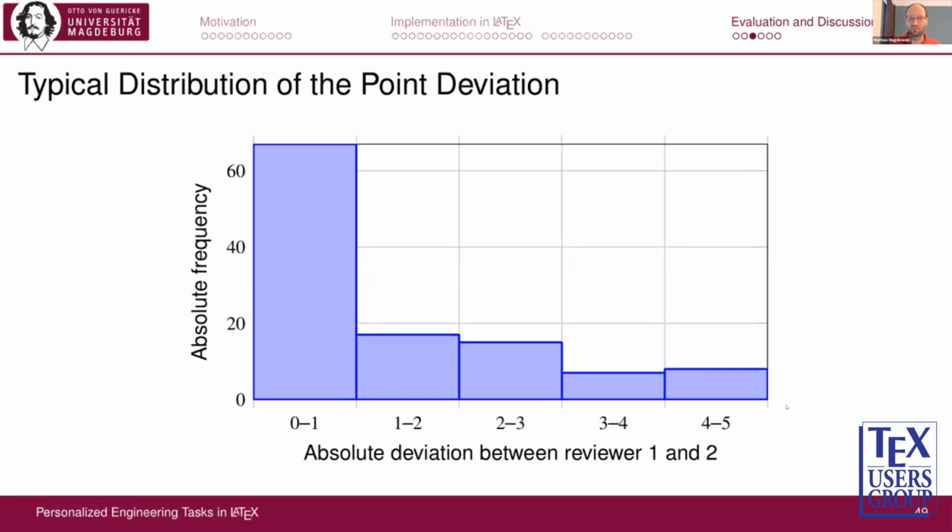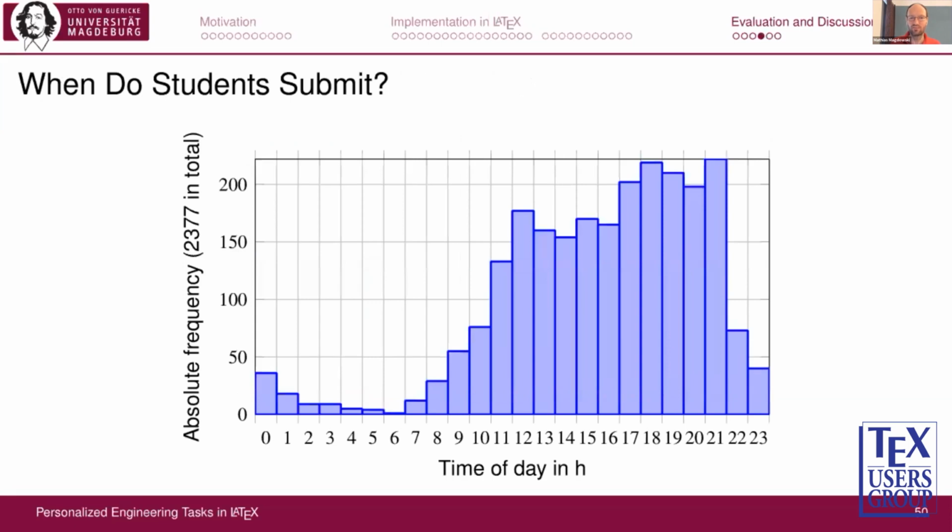And this works in most cases. Then it's also very interesting because you can check in the e-learning system, in Moodle, at what time of the day students submit. And so now it's 9:30, and as in this talk, attendance is rather light.